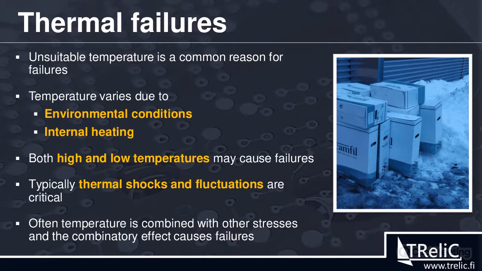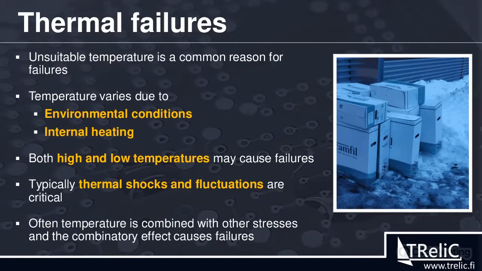And then, of course, we also have internal heating, which causes temperature fluctuation. And especially in electronics, for example, it is very common that the components, when they are used, can have very high temperature, and then when they are not used, the temperature, of course, reaches the level of the environment.